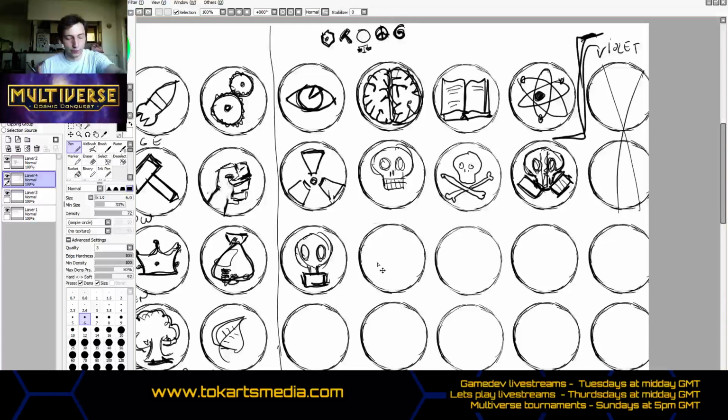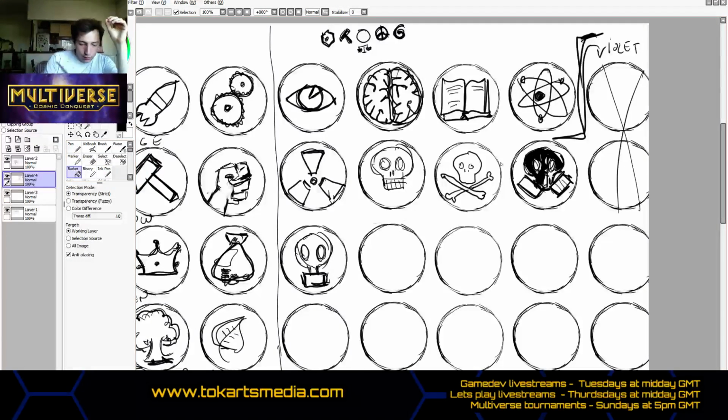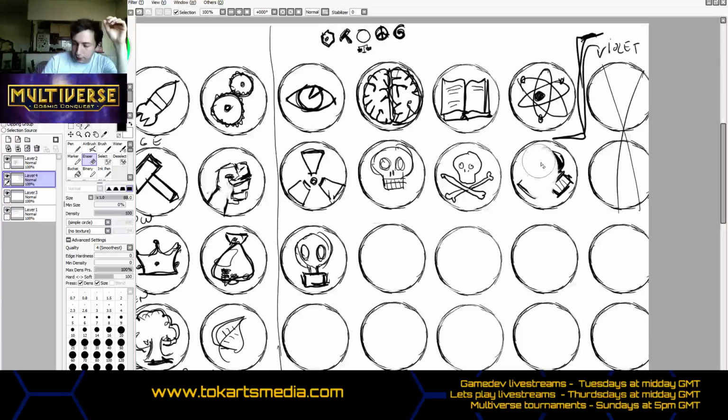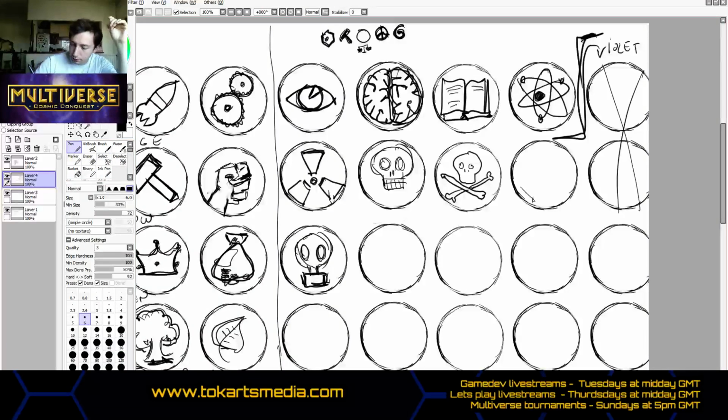Let me just redraw this version. Oh, that's not right. Let's erase this and redraw it. One filter, second filter. This can create a pretty darn good silhouette for this.